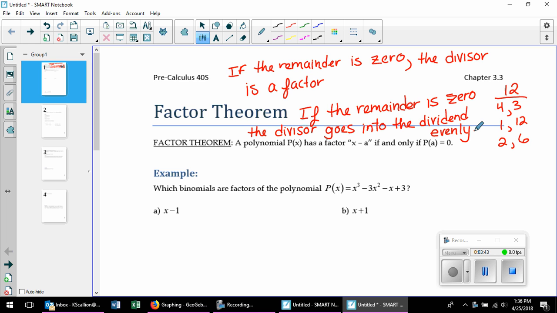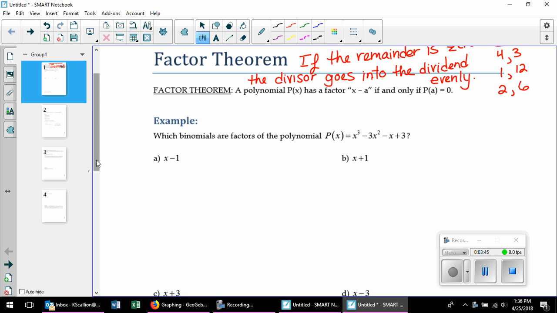The reason we do this is that I'm going to give you a polynomial and say factor this. I'm not going to tell you what your divisor is. I'm going to tell you to take this and factor it. It's not hard, I promise you it's not hard.